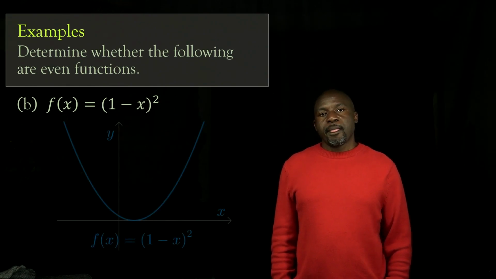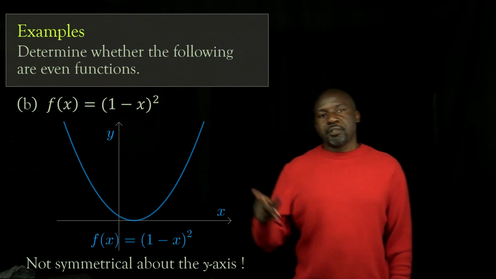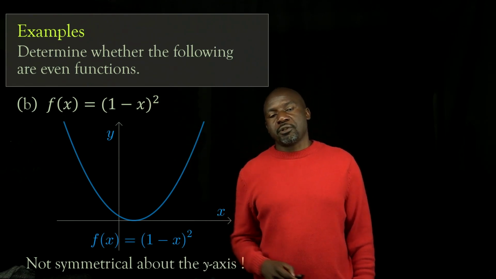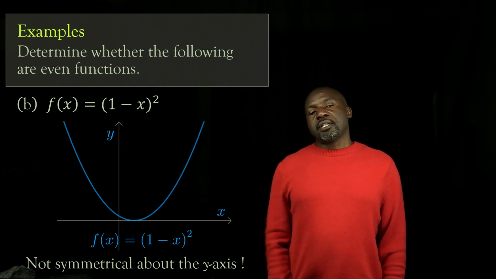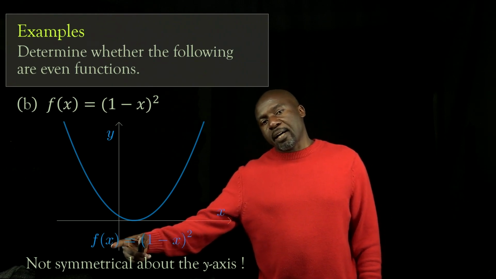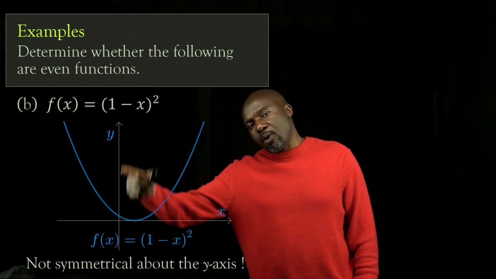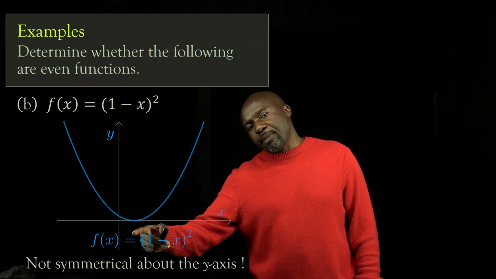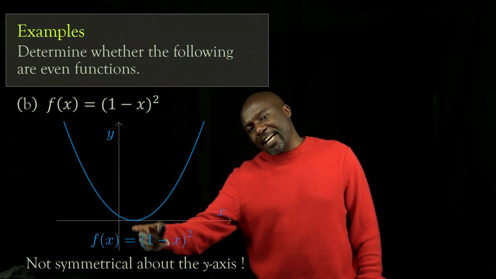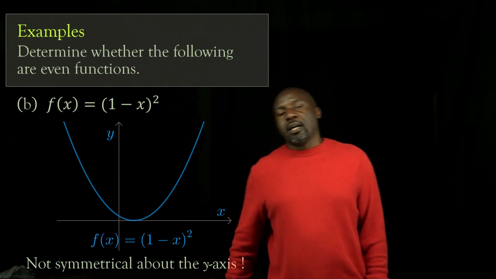Let's see the next. Before we go to the next, I took the liberty to sketch the graph of the function just to confirm, and as you can see, this graph is not symmetrical about the y-axis. It's not symmetrical about the line x equals 0, which is the y-axis. In fact, it is symmetrical about the line x equals 1, and we can tell that from here.